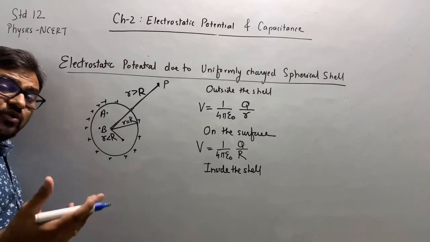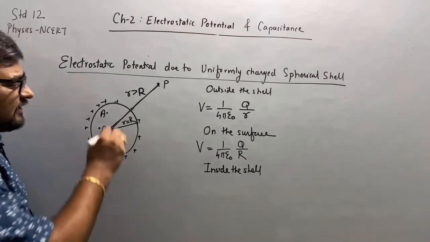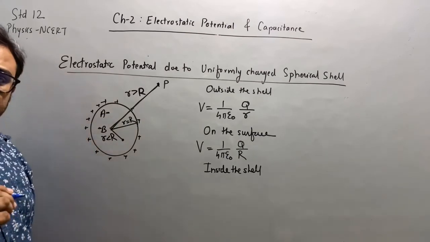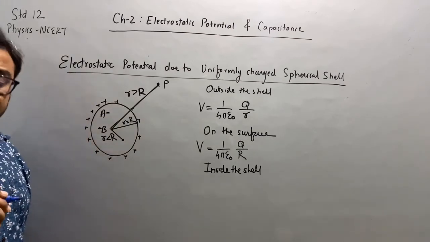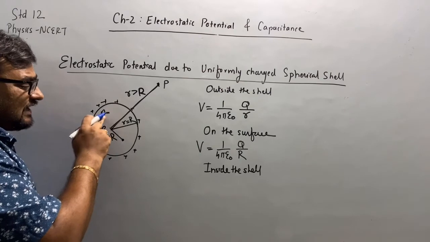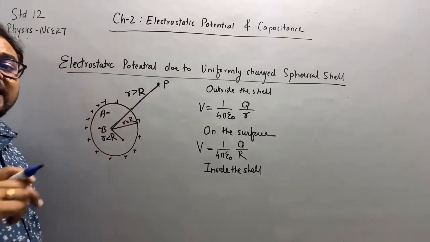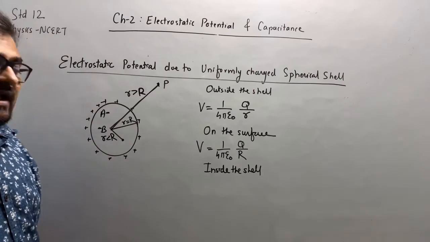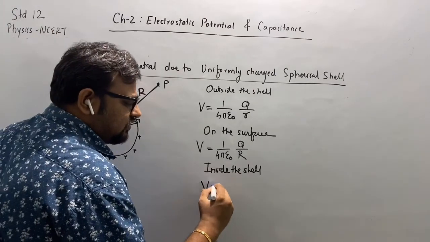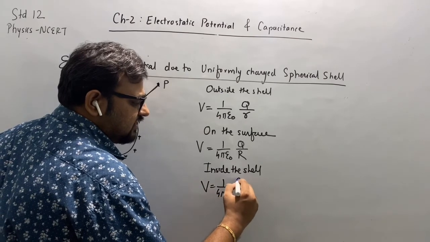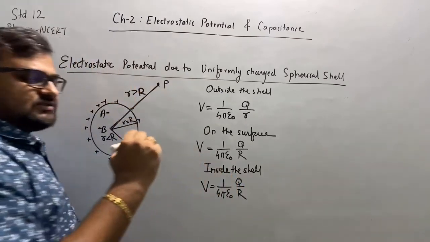As the work done is 0, the potential at A is equal to potential at B, meaning potential difference is 0. The potential at every point inside the shell is the same, and that is equal to the potential on the surface.